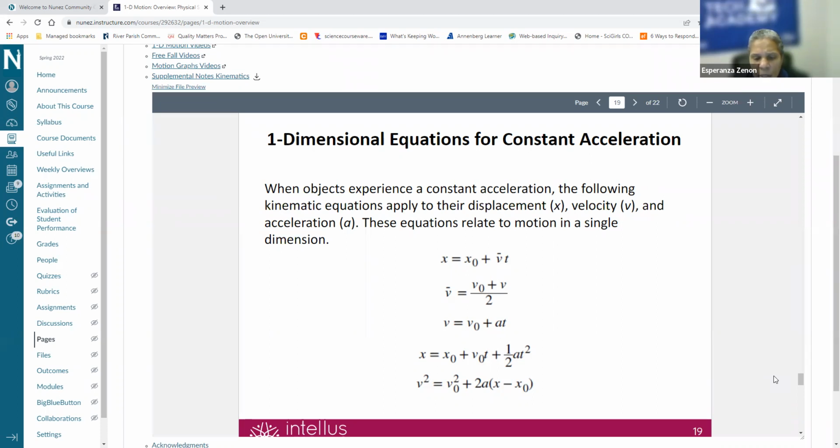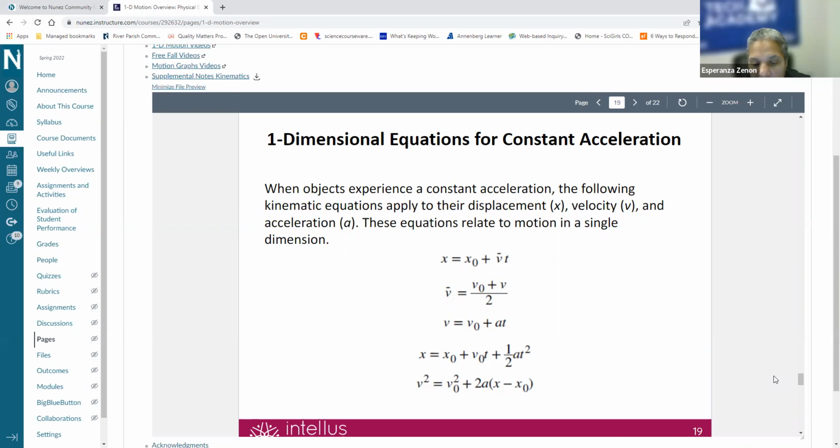And that last equation is very beautiful because it's a combination of the four previous equations, if you will. It allows us to figure out the final velocity if we know the starting velocity, the acceleration, and the displacement. Notice that very last equation, there's no time involved.